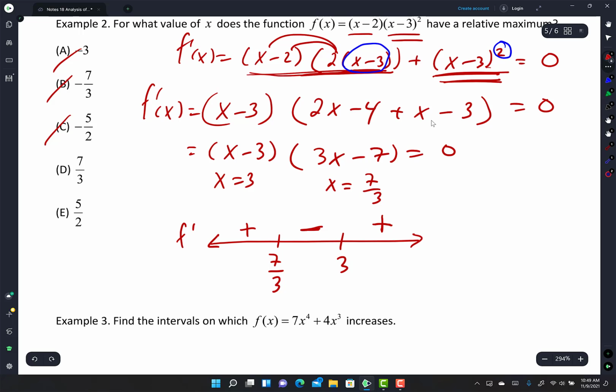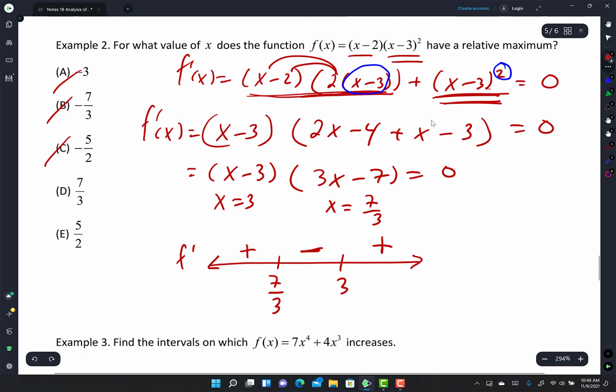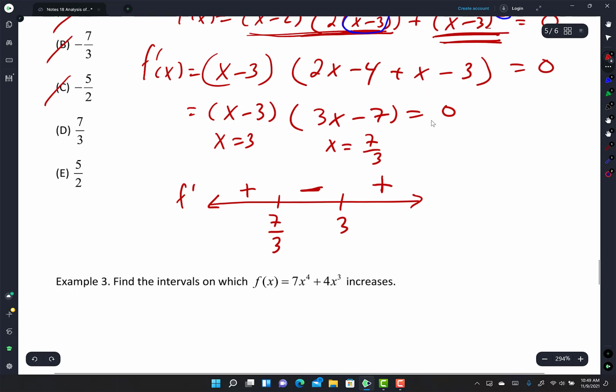All right, now we can analyze this function. I have a max whenever my derivative changes from what to what? Positive to negative. Where is it changing from positive to negative? 7 over 3. You read a graph left to right. Cool or not cool? Okay.